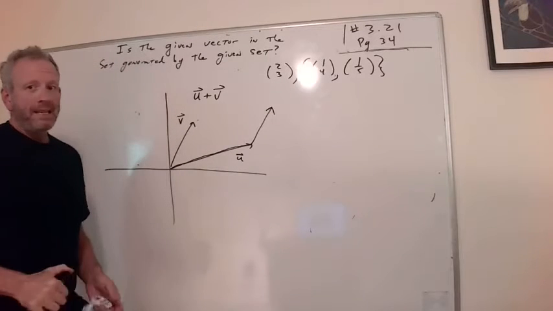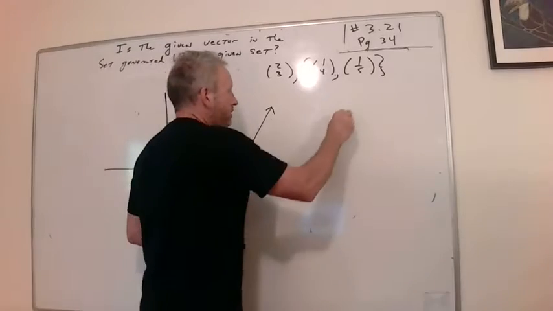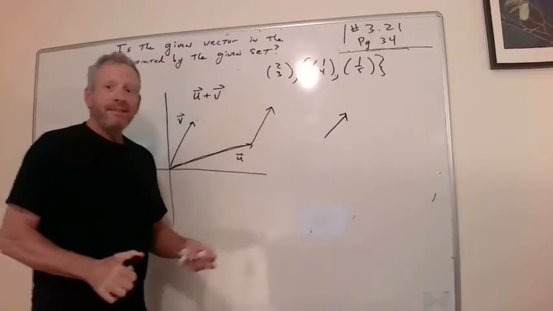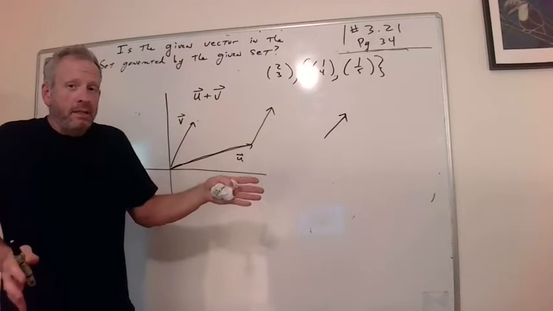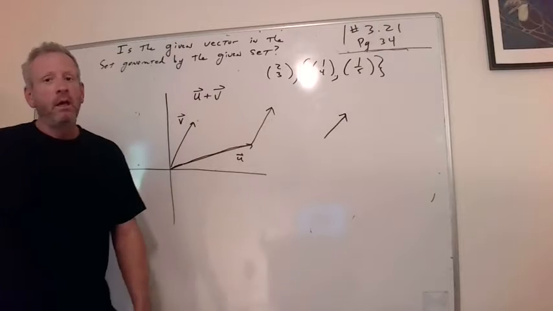Now, the book points this out, and it's absolutely true. A vector is an arrow. It doesn't necessarily go anywhere. It just has a length and a direction. You can put it anywhere you want to.